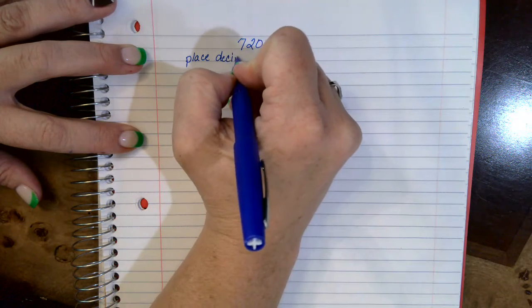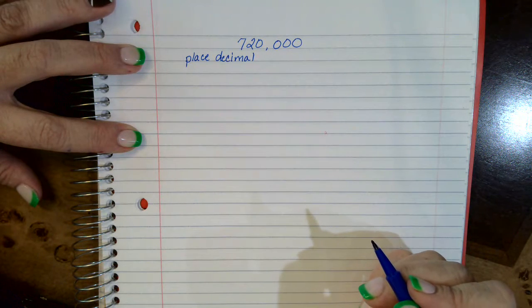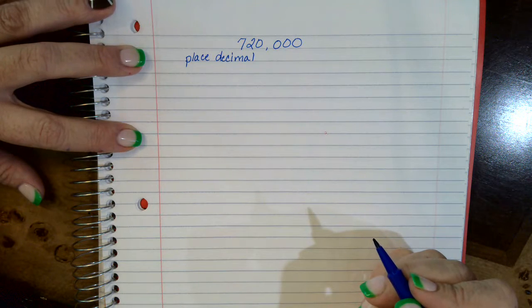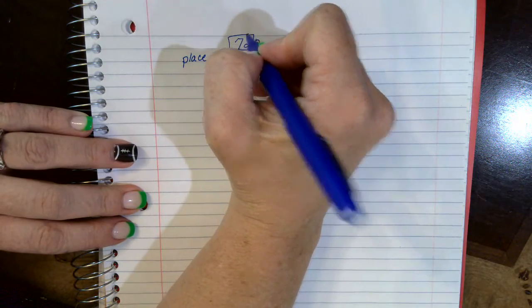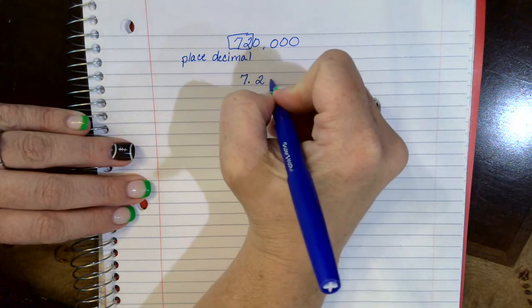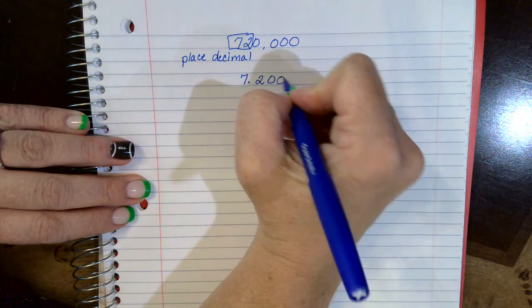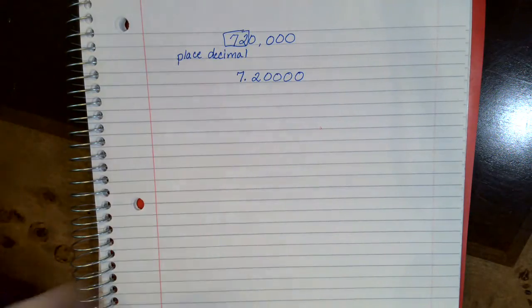I'll give you a minute to think about that. Remember that you're going to place it between the first and second digits in the number. So that's step 1.